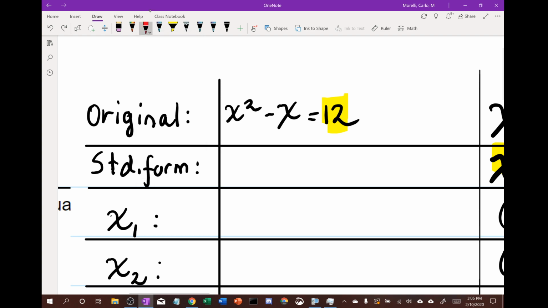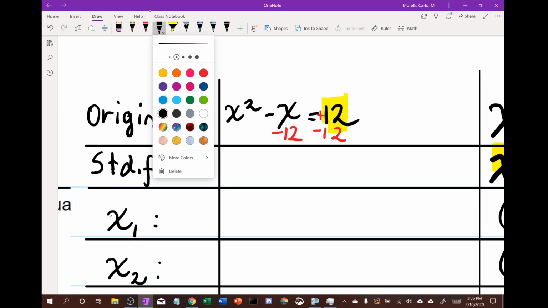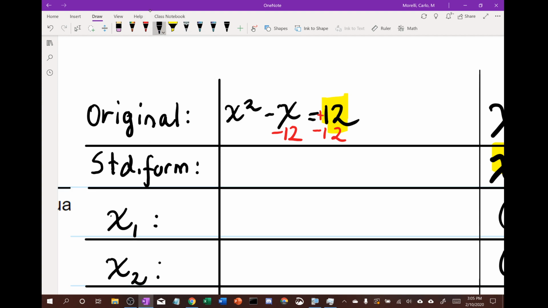Right now it's plus 12, so we subtract 12 on both sides. And when we do that, we can rewrite the quadratic equation in standard form: x squared minus x minus 12 equals 0.